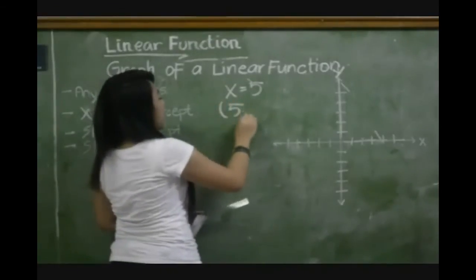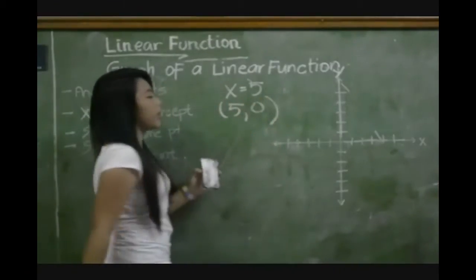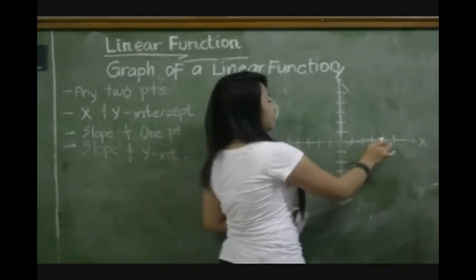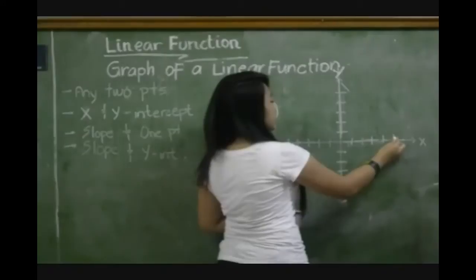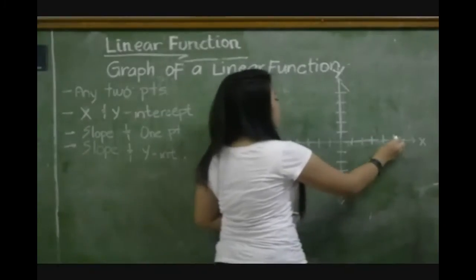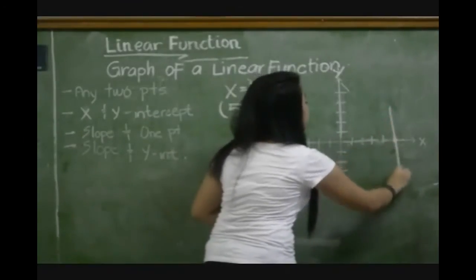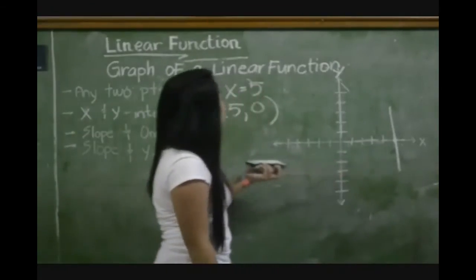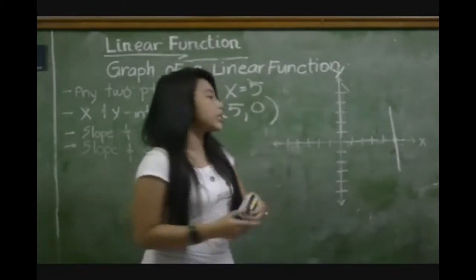It will be (x, 0). We have to plot this. 5, 1, 2, 3, 4, 5, and then 0. It will look like this. Here is an example of the graph of the given x-intercept.